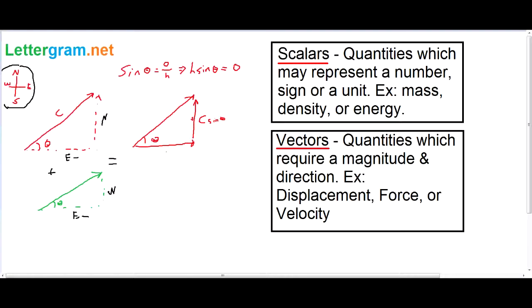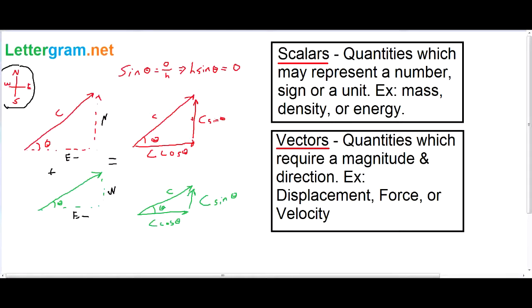Now down here in the east direction, we have C times cosine theta. And down here, again, I'll call this C, the green C. We have C sine theta and C cosine theta.